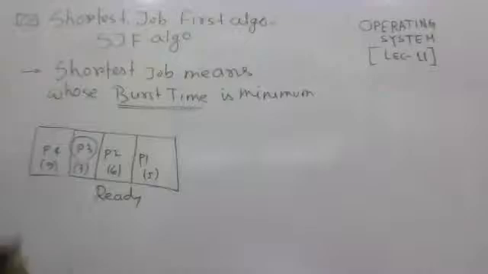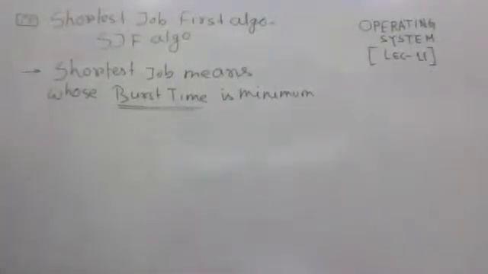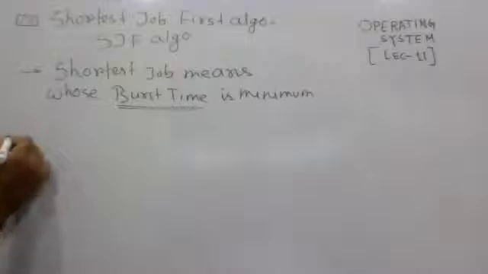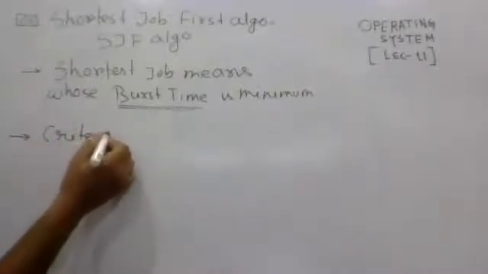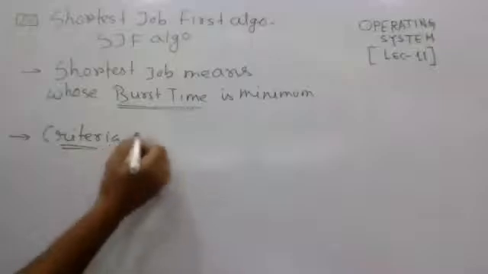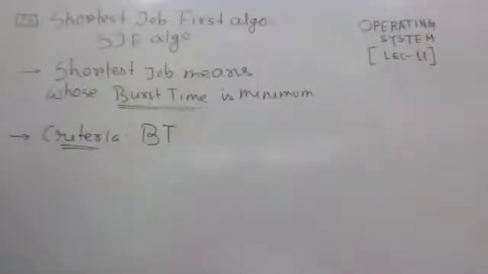Now the scheduling criteria here is burst time. The process having the smallest CPU burst is assigned the CPU.